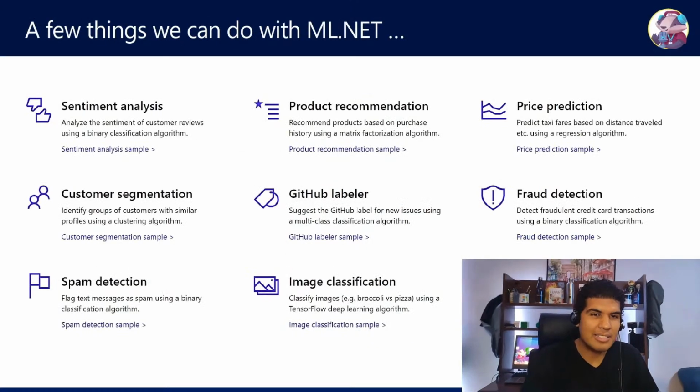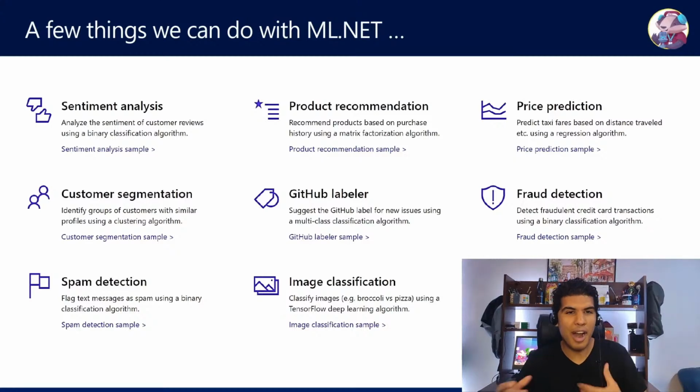We can find multiple scenarios to apply ML.NET solutions. For example, for classification solutions, we can do sentiment analysis, categorize emails as spam or not spam, and classify documents. On the other hand, we can find regression, for example, for price prediction, to predict sales of a product based on the shopping basket.